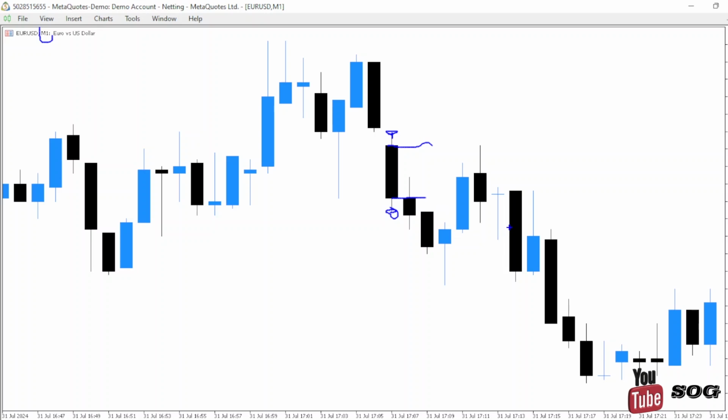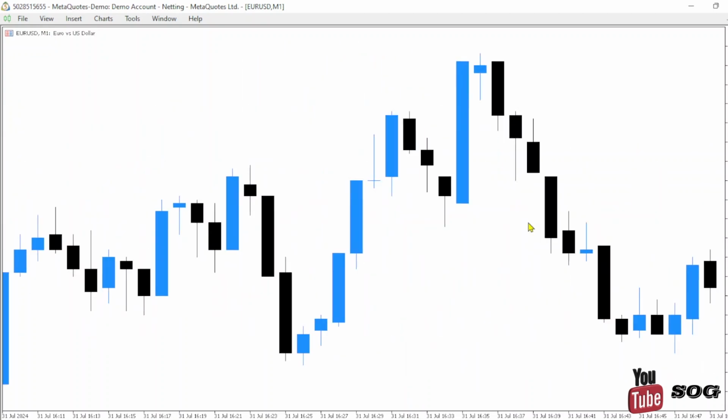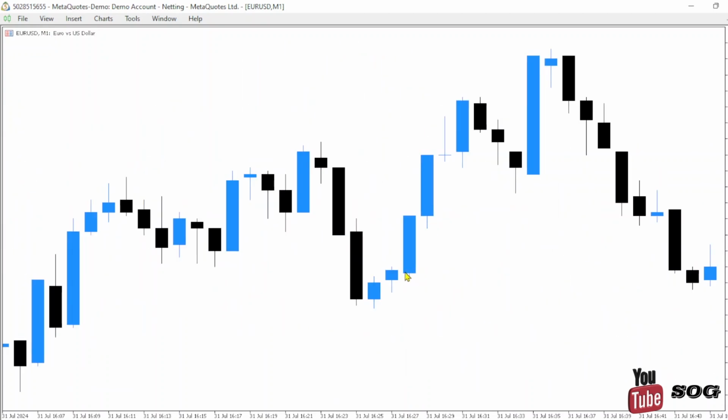Then let's just get a bullish candle and just explain. Now here is showing you that this candle opened at this zone, right? It went down to this zone, means it was black at this zone, the wick here, and it went up to this zone and closed.